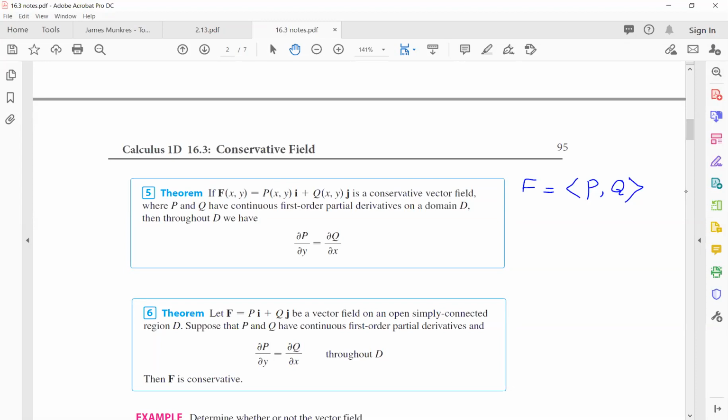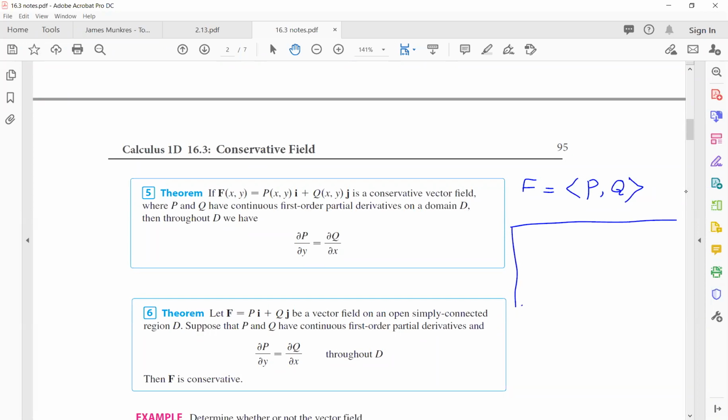throughout the domain D, partial derivative of P with respect to y is equal to partial derivative of Q with respect to x. So here you have a nice criterion to check to see if F is a conservative vector field or not.